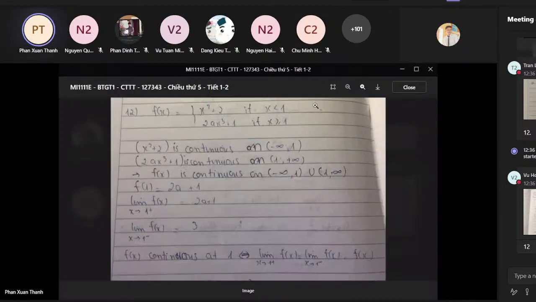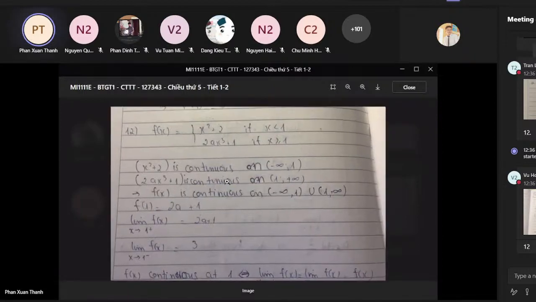Okay, he also said something about the continuity of f when x is not 1. So you can say that for x less than 1 or x greater than 1, the function f is continuous. And now we consider the continuity at x equal to 1. Here we have the right-hand limit equal to a plus 1 and the left-hand limit equal to 3.